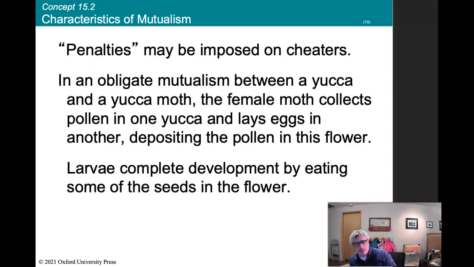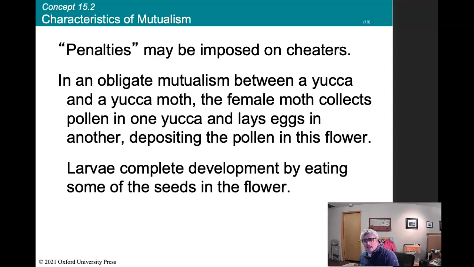And this is an interesting one, an obligate mutualism between a yucca and a yucca moth. Yucca, a cactus-like plant in the southwest, is only fertilized by a yucca moth. The yucca moth collects pollen from one yucca and lays eggs in another, depositing the pollen in the flower, and it lays a number of eggs in this flower as well.